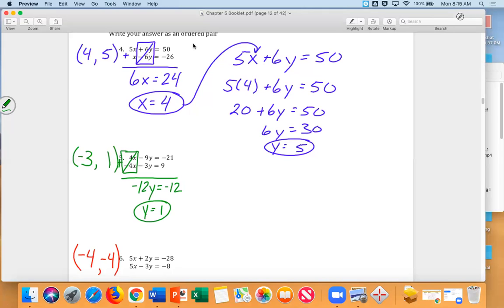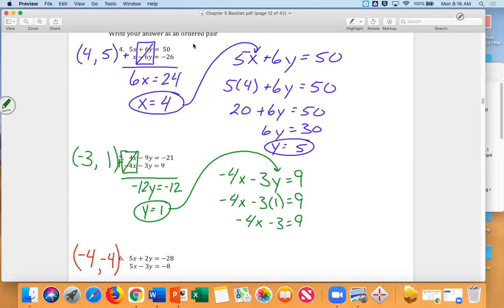Now I get to pick an equation. I'm going to pick the bottom equation because it has smaller numbers, I guess. But just to show you, it doesn't really matter which one I choose. Plug in the y. Negative 4x minus 3 times 1 equals 9. Negative 4x minus 3 equals 9. So I'm going to add 3.